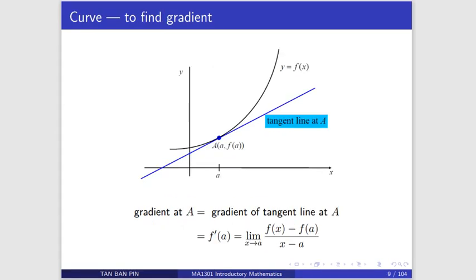For a curve, because the gradient keeps changing, we define the gradient at a point A. If you want to talk about the gradient at A, you must first draw a tangent line. So we draw a tangent line at A, which is the blue line, and then we say that the gradient at A is the gradient of the tangent line at A. I will explain why this is the same as f prime A, which is the limit as x tends to A of (f(x) minus f(A)) over (x minus A).